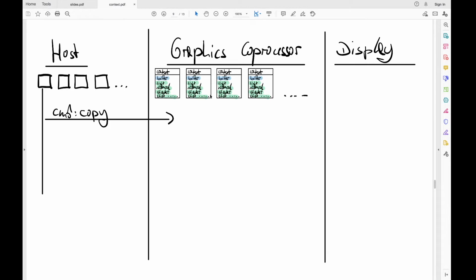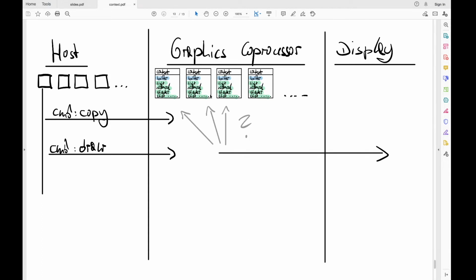When a command is issued, the graphics coprocessor needs to disambiguate which context is responsible for storing the outcome of the command. And also when the host issues a draw command, it's important to synchronize which context is currently active and which context is associated with the draw call.